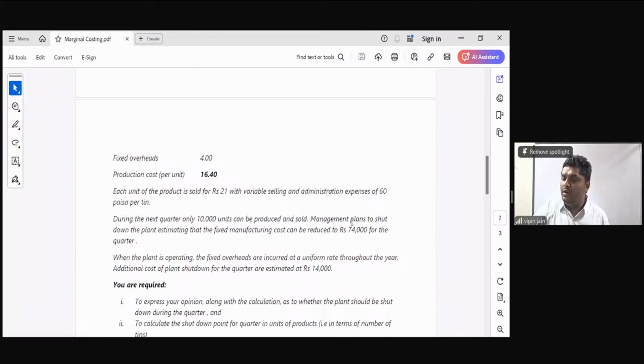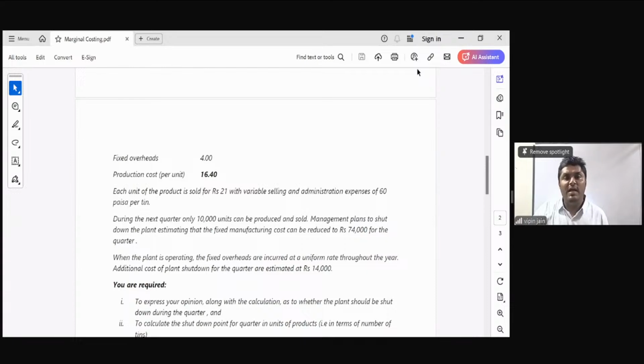During the next quarter, only 10,000 units can be produced and sold. Management plans to shut down the plant, estimating that the fixed manufacturing cost can be reduced to 74,000 for the quarter.